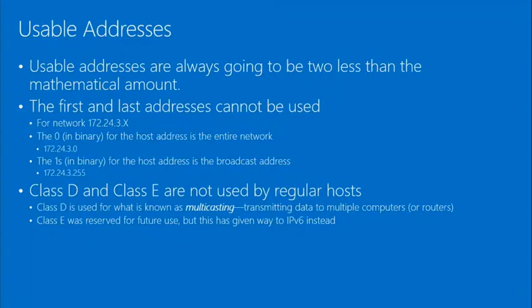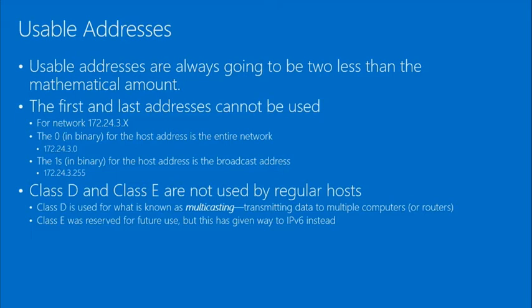So usable addresses. Usable addresses are going to be, as we mentioned, 2 less than the mathematical amount. The all zeros and all ones are taken out. The first and last addresses cannot be used. The 0 for the host address is the entire network. All ones, so 255 for the host address, is the broadcast address.